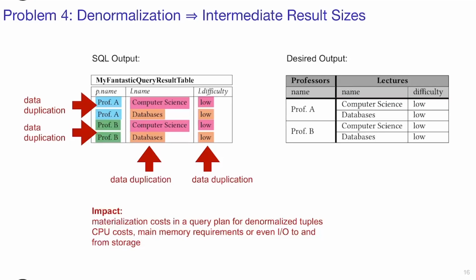And these intermediate results already blow up due to these redundancies, due to duplicating data. So it's not only when transferring the data to the client, it's already in the database system that you blow up the data set artificially with these redundancies. And that's a bad idea because it leads to all kinds of extra costs in terms of CPU, main memory requirements, and so forth.